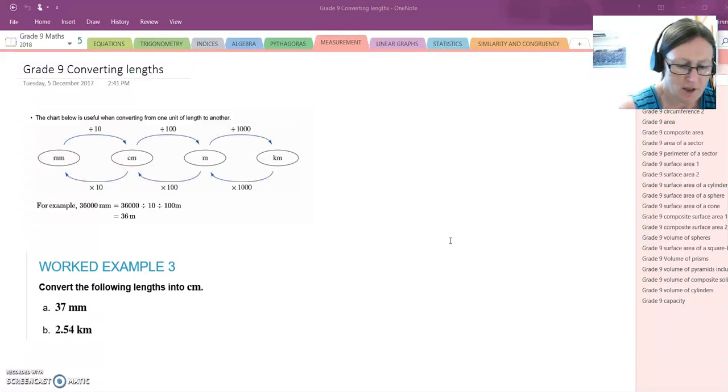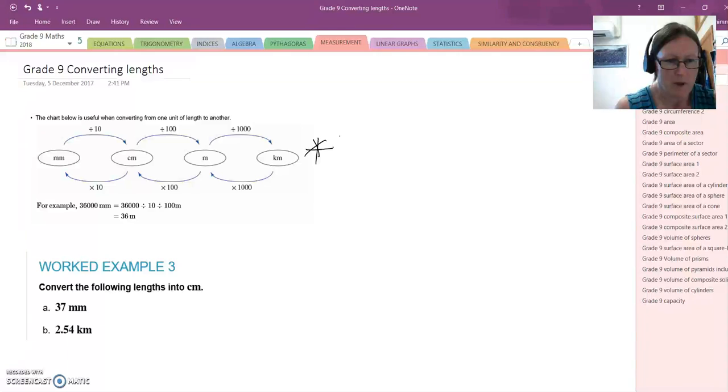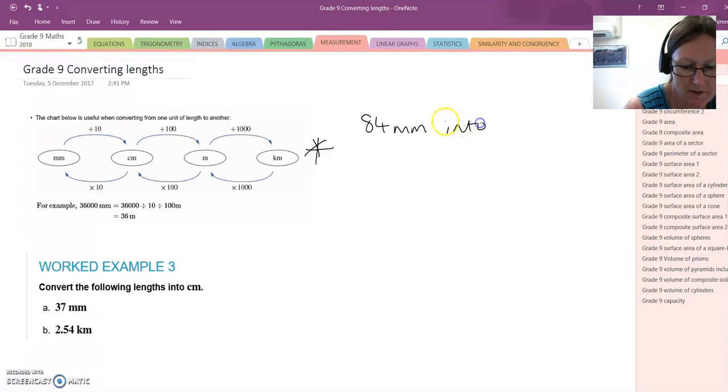This chart is in your textbook, very useful to help us to do our conversions. But for example, if we are wanting to convert something like 84 millimetres into centimetres, we would go to our chart and millimetres to get to centimetres.